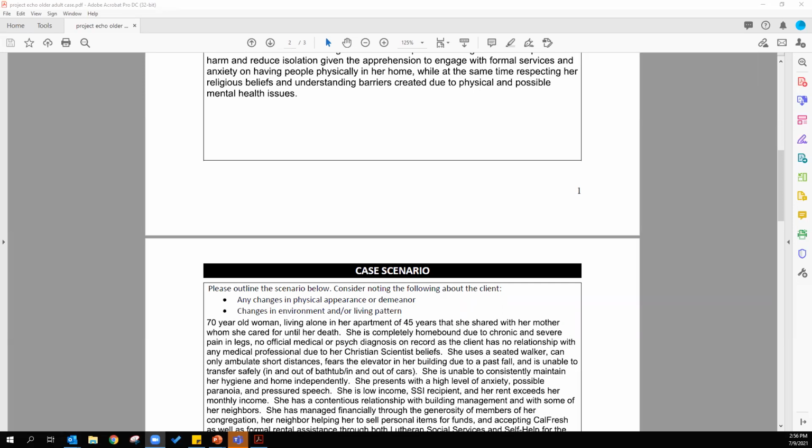So they brought it to a certain point and then kind of backed away, really holding in high regard the client's self-determination, her religious beliefs and things like that, and waiting for her situation to just decline further. Right.